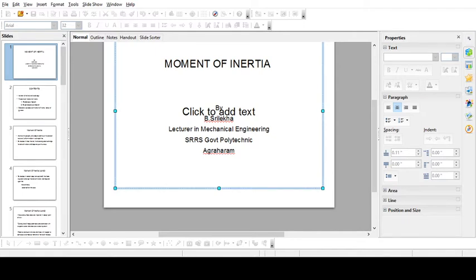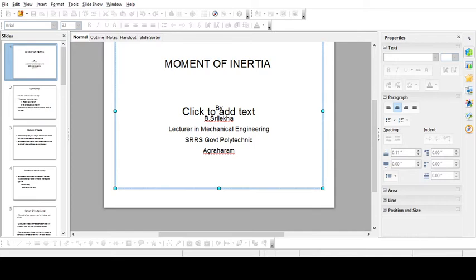Now you can take the moment of inertia about the x axis as Ixx equal to sigma dA y square. Similarly, Iyy equal to sigma dA x square, and also Izz is equal to sigma r square dA.